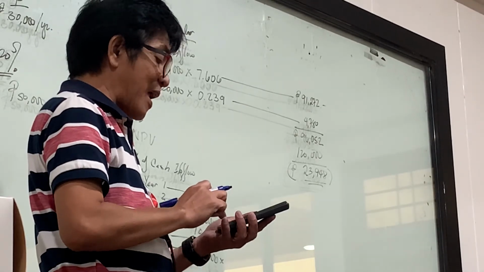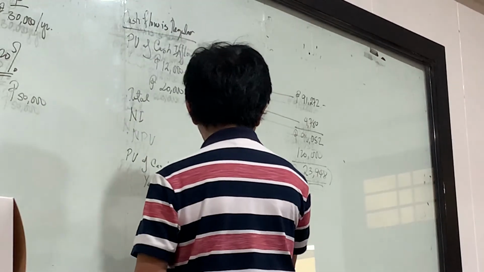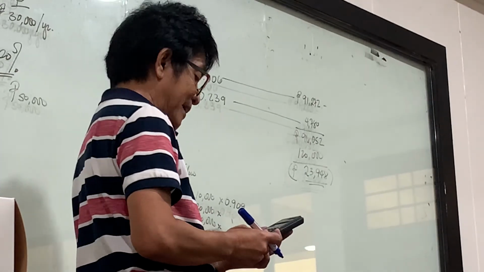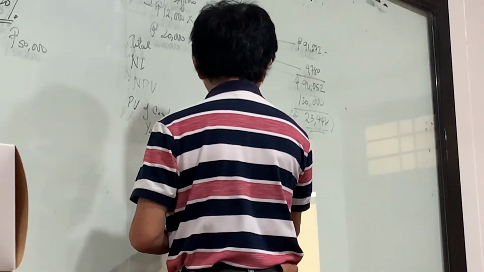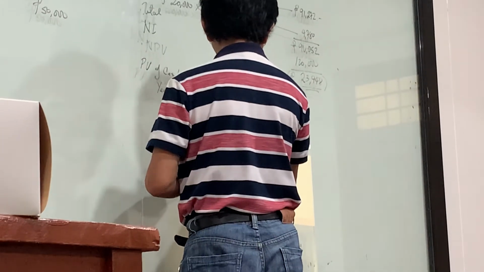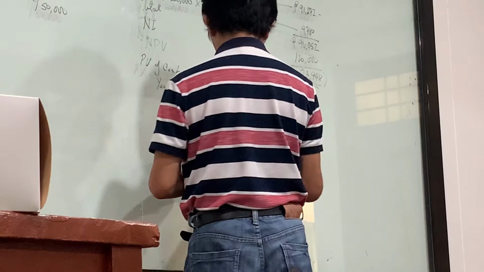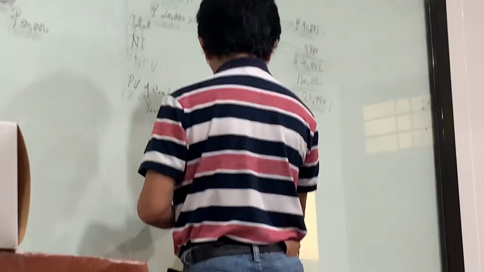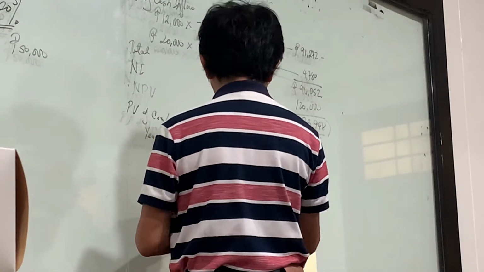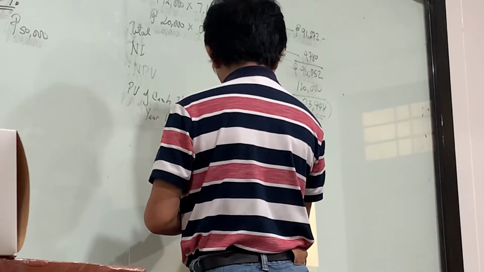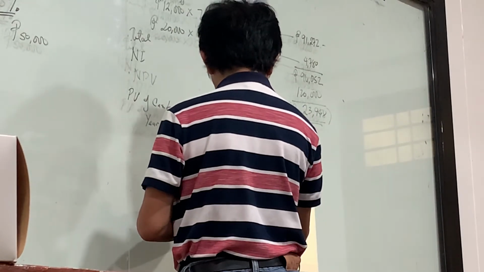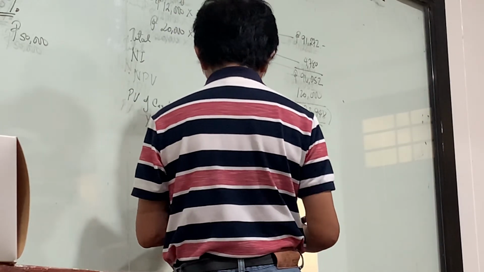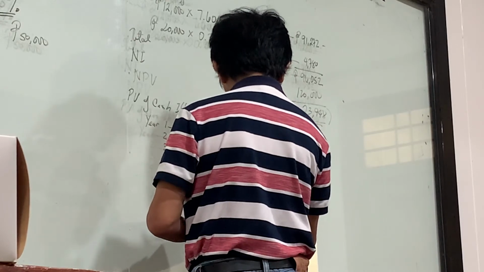1.1 divided by 2 times equals, the first year is 0.909. Next, 0.826, 0.725, 0.683, 0.621, and 0.564.